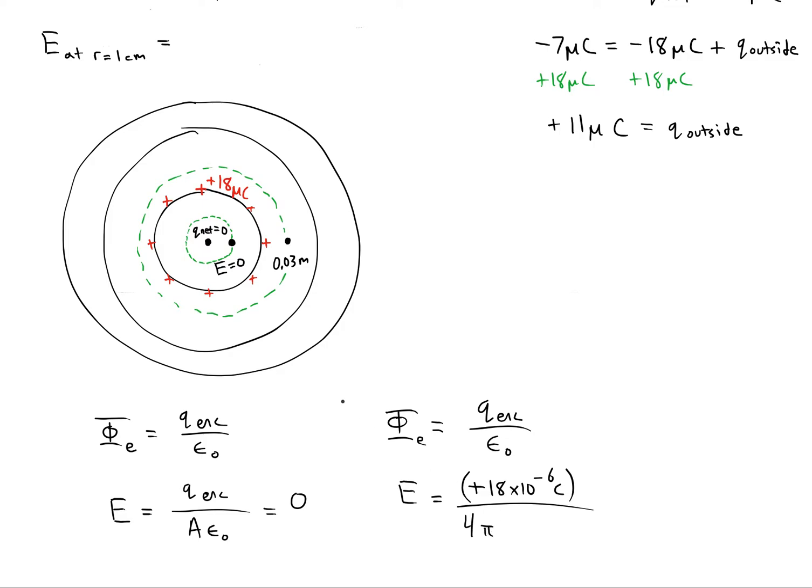I'm going to use the area of that Gaussian sphere. It's 1.8 times 10 to the 8 newtons per coulomb.